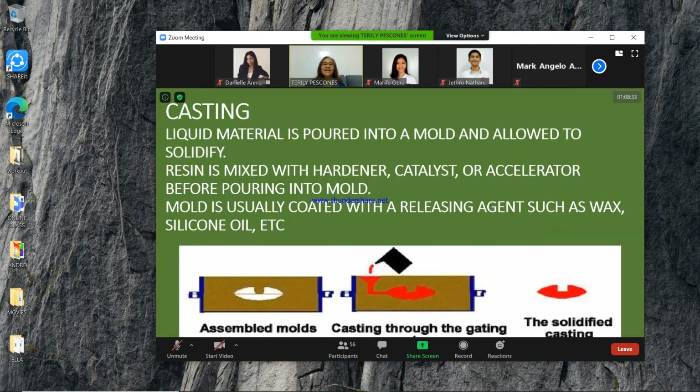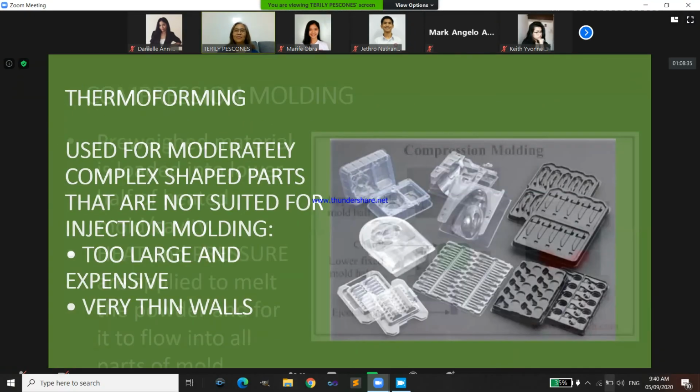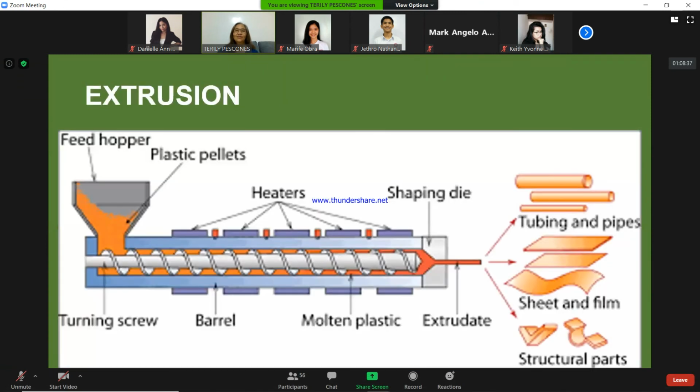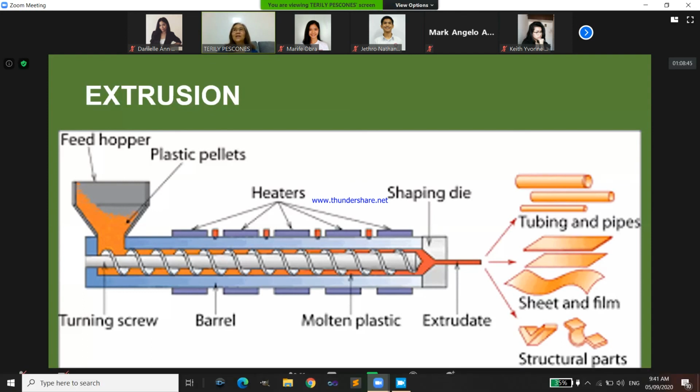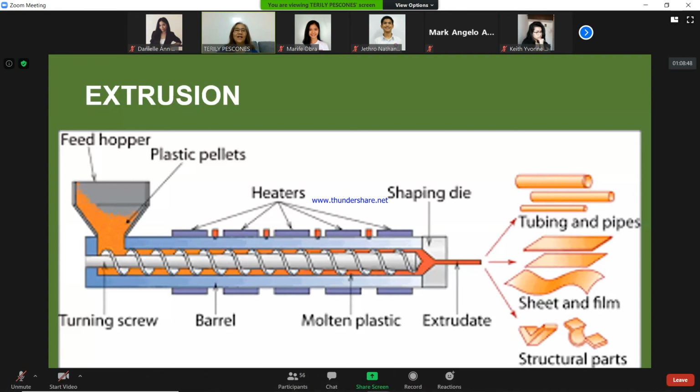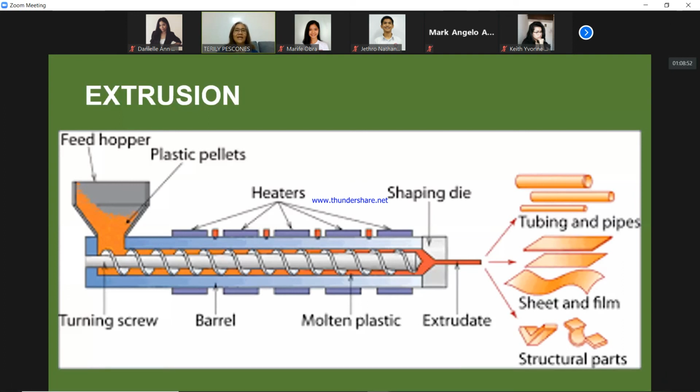Like mga casting, thermoforming, compression molding, extrusion. So it depends on the desired product. Pero ang pinakaano lang naman dyan is what? You have the raw material and then you have the solid pellets and then it will be heated para maging liquid para madali siyang i-shape.